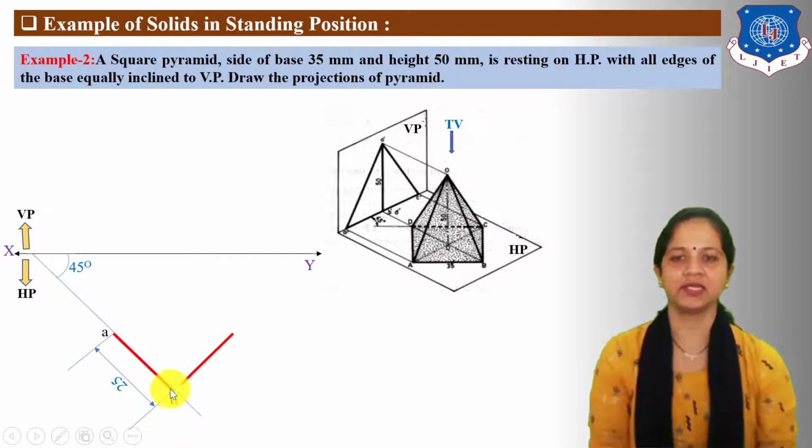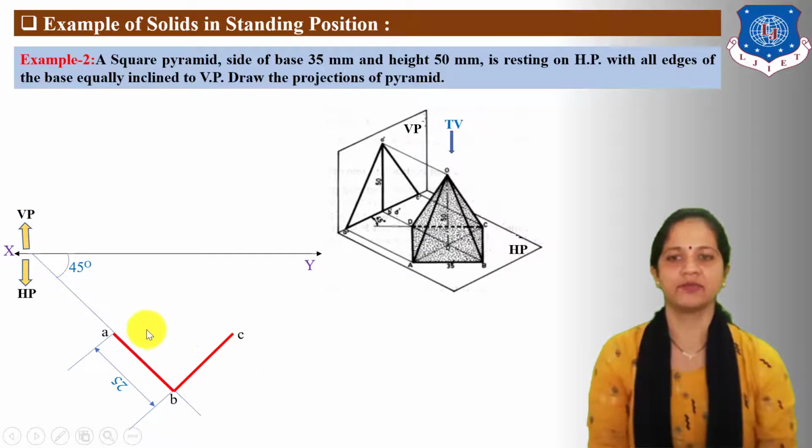From point B, draw a perpendicular line to AB, size 25 mm, and mark here point C. From point A, draw a perpendicular line to AB, size 25 mm, and mark here point D. Connect CD.